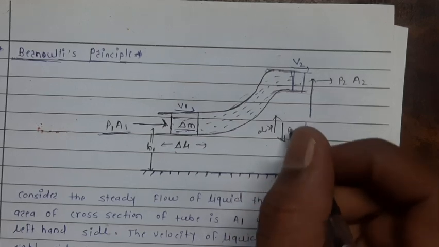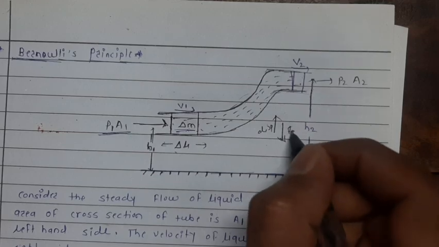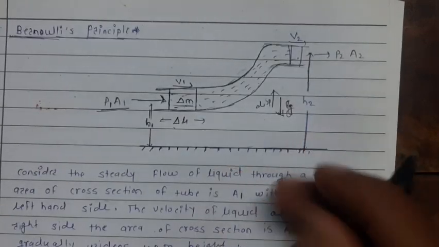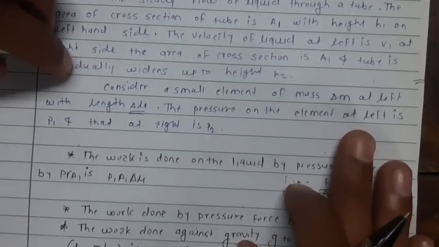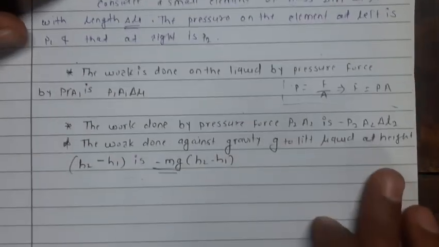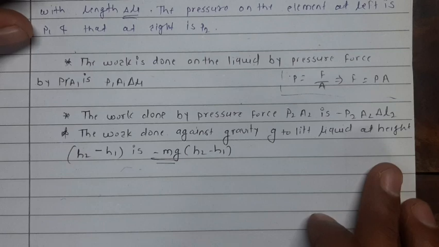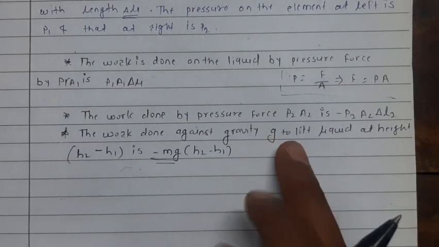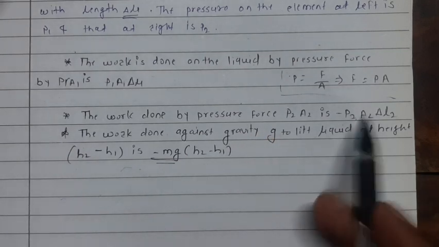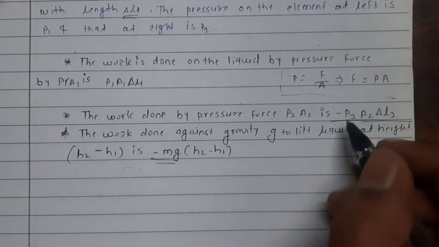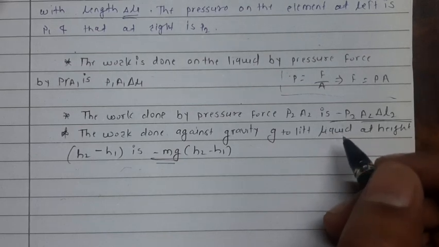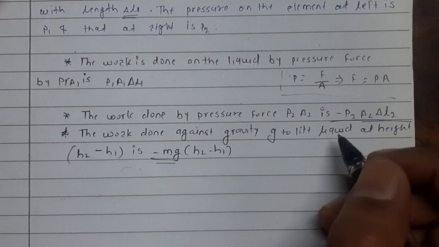Whenever the force and displacement are in opposite directions, the sign of the work done will always be negative. So remember this. The same is the case for the work done due to the pressure force P2 A2, which is in the opposite direction to the displacement.